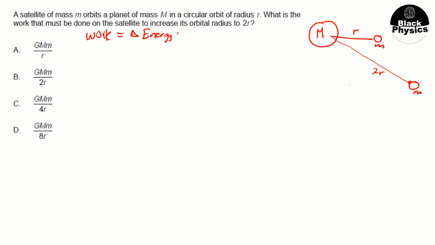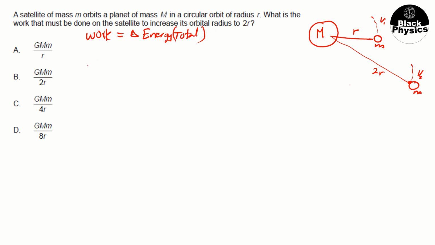So here we need to find the total energy instead of only the potential energy, because I have potential energy and kinetic energy. Both are going to change to allow the satellite to move to a further orbit, because we know that each orbit has a different velocity. So we have different velocities for the rotation.